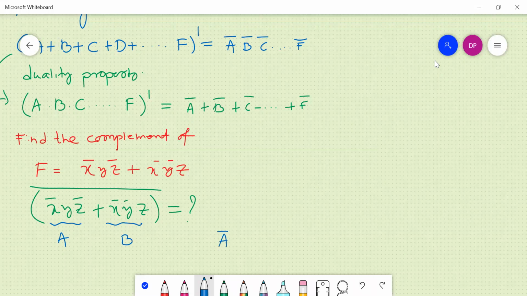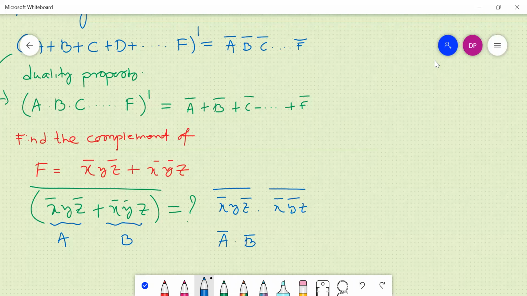So answer is A bar dot B bar. So A bar, what you will write? X bar y z bar, sir. Clear? So X complement, Y complement, Z and its complement.